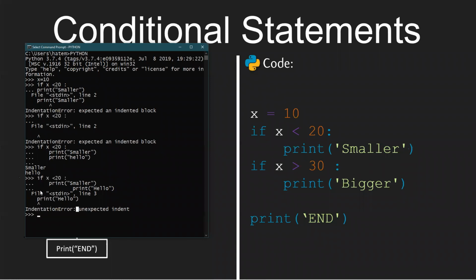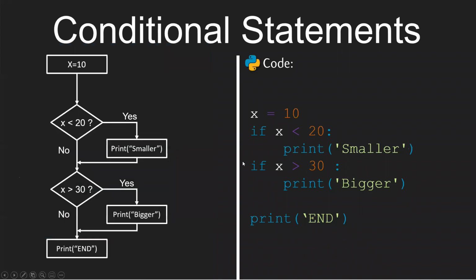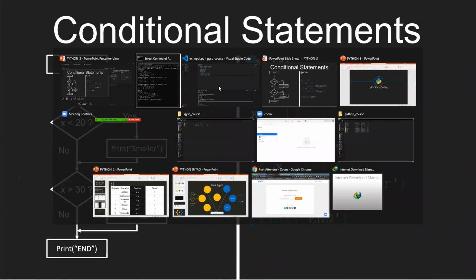So these unexpected spaces or tab are not supposed to be here. They are supposed to be at the same level unless there is another if or a nested if. We'll talk about that later. So let's go and try to write our code in Visual Studio Code.